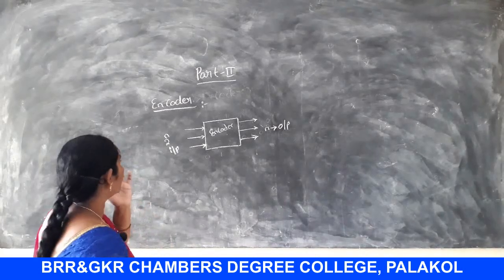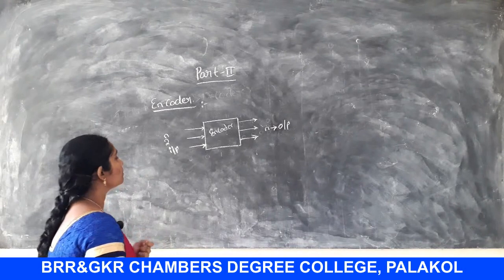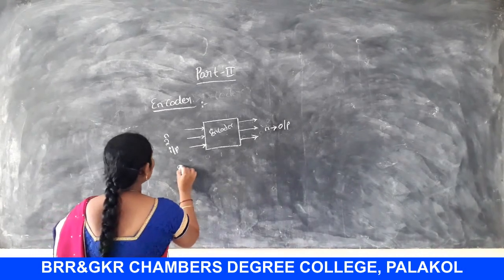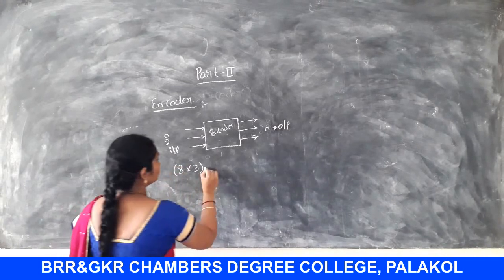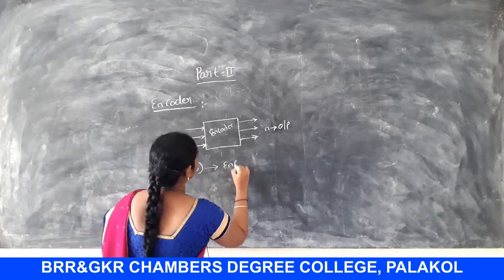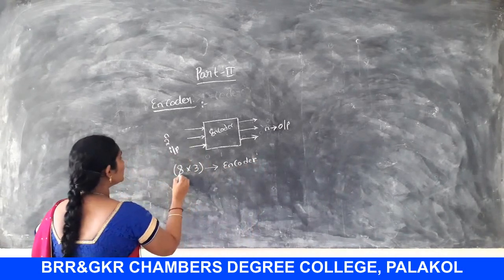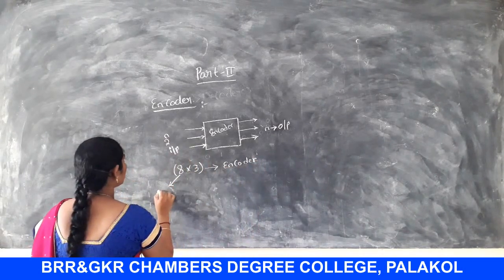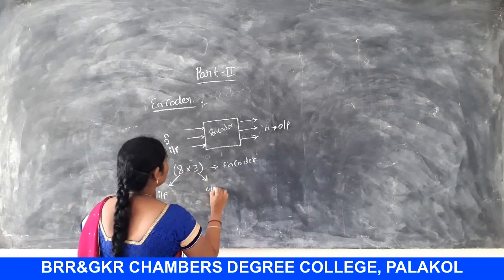Okay. So we will consider, in your syllabus they give only the 8 cross 3 encoder. So here this is nothing but input and this is nothing but output.